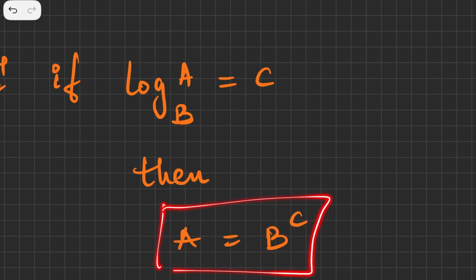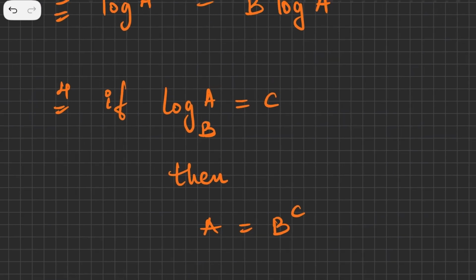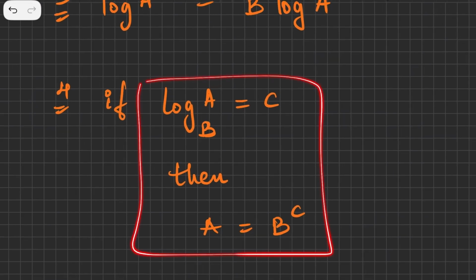This is one of the properties of logarithms we'll be using in equations in topics like radioactivity and simple harmonic motion. So there are times where you will be using this kind of equation.